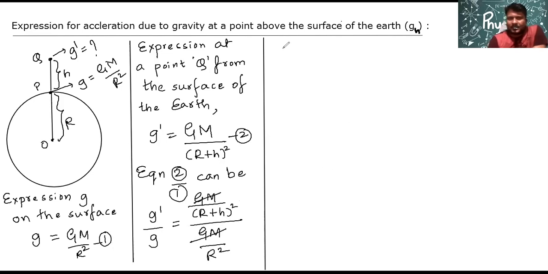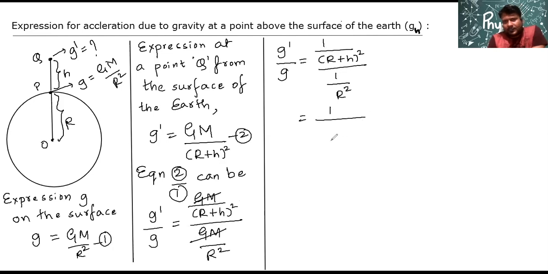Fine. So this can be written as g dash by g is equal to 1 by r plus h whole square, whole divided by 1 by r square. So this can be written as 1 whole divided by r plus h whole square divided by r square.